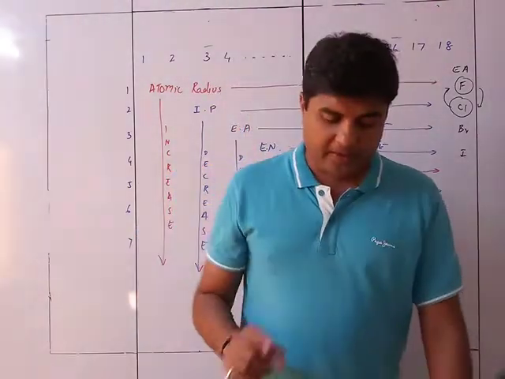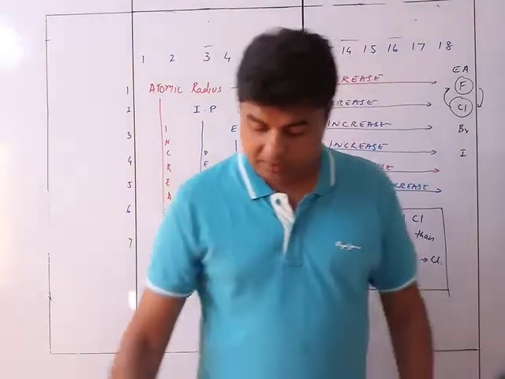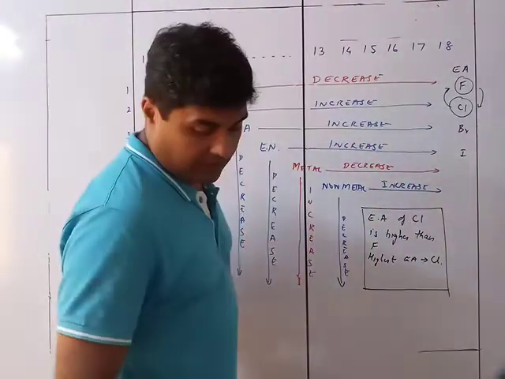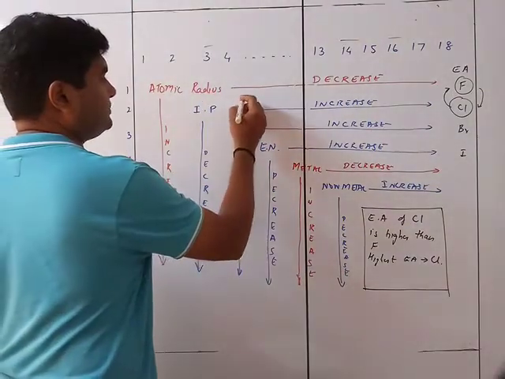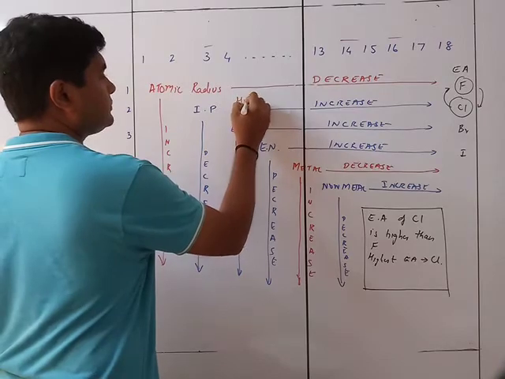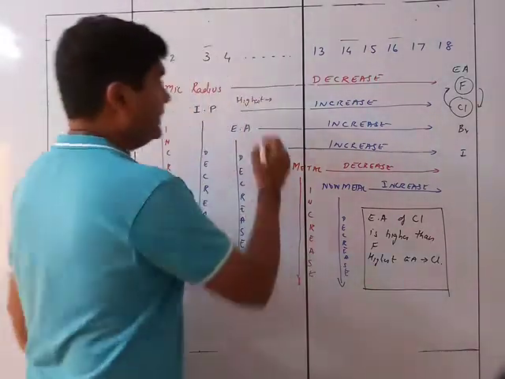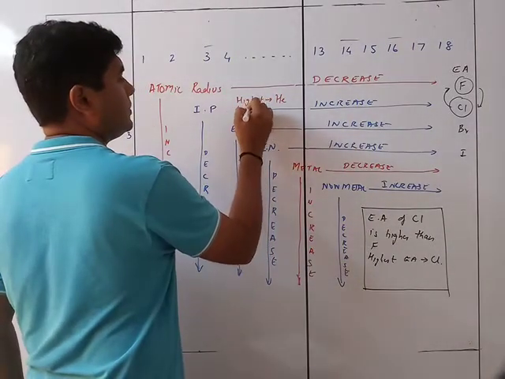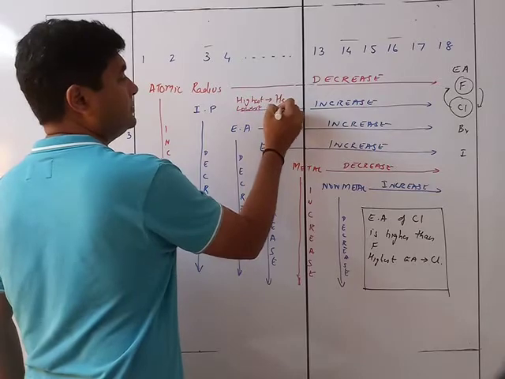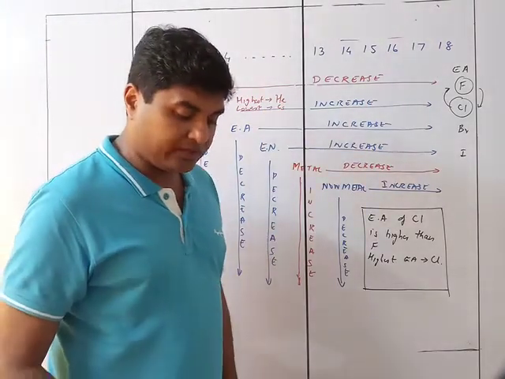Over here we can write that in ionization potential, the highest is going to be helium and the lowest is cesium. Okay, helium is the highest and cesium is the lowest.